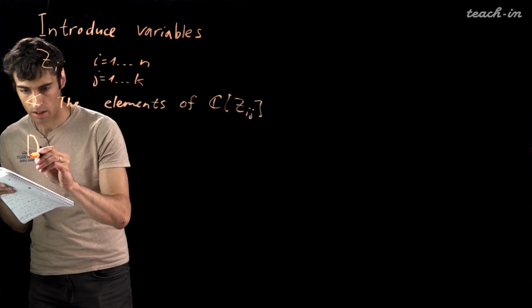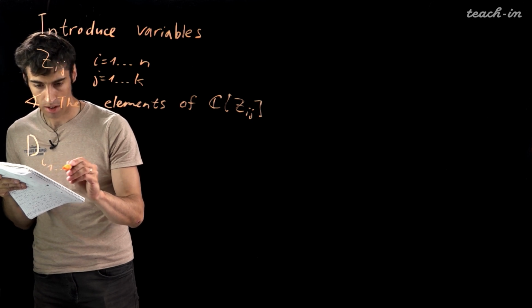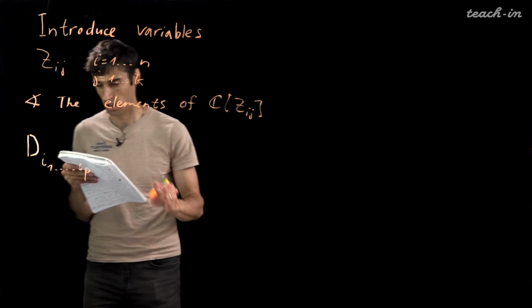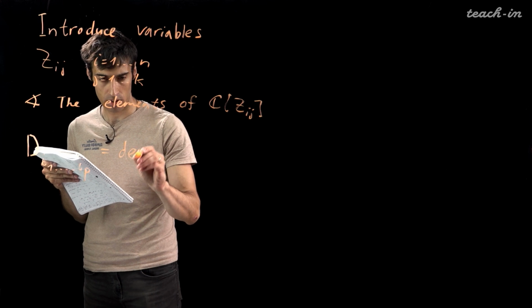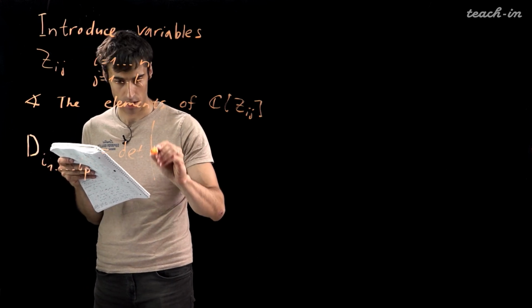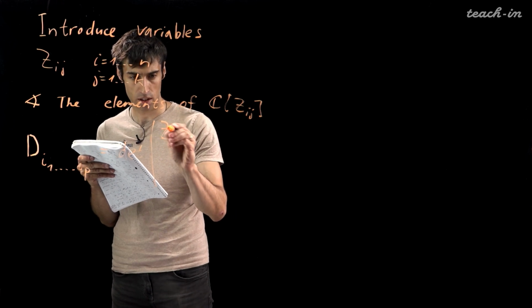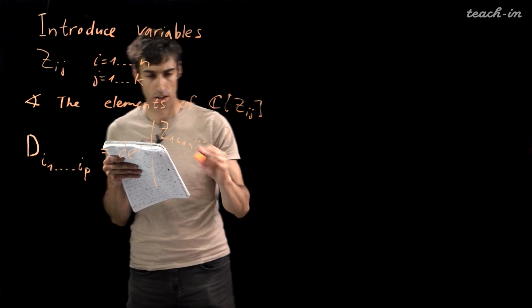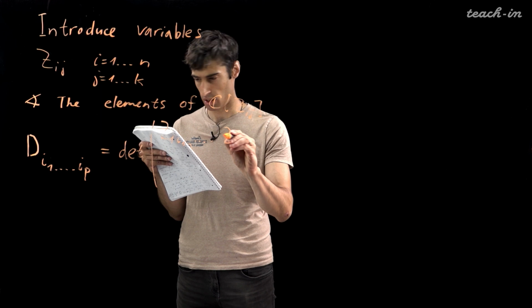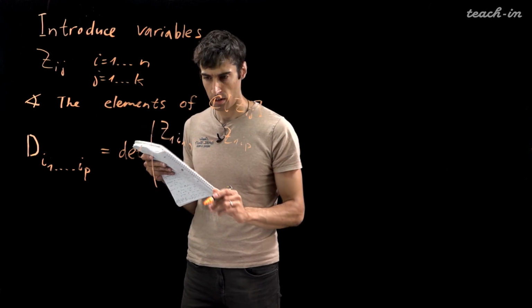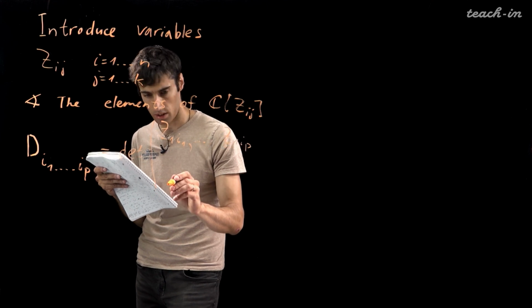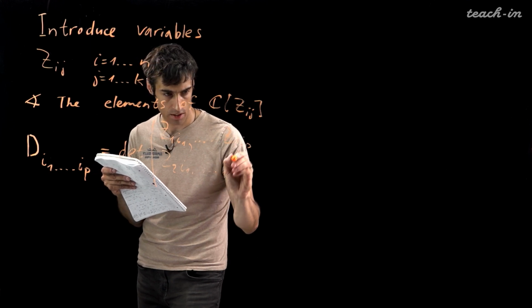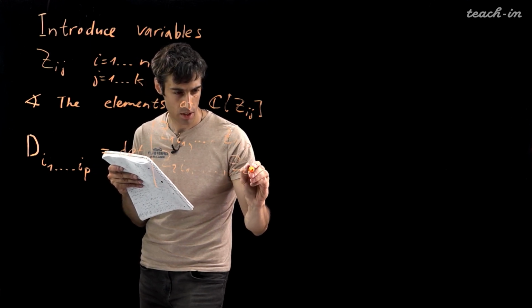So I take D. These elements are labeled by a bunch of indices, and this is a determinant of such a matrix. Z_1 i_1 in the first row, and then Z_1 i_p, and then in the second row you will have Z_2 i_1, and then Z_2 i_p, and so on.